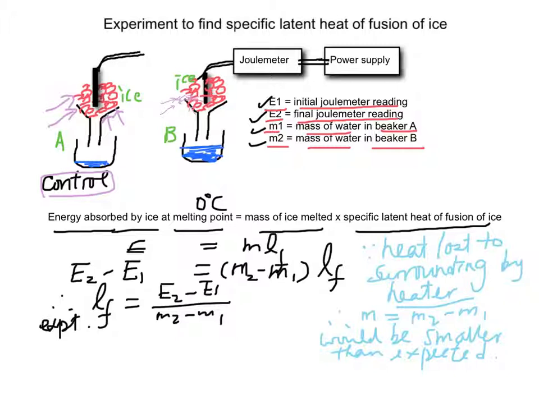From this equation, we see that since M2 minus M1 is smaller, the experimental value of the specific latent heat of fusion of ice would be larger than the standard value, or the true value.